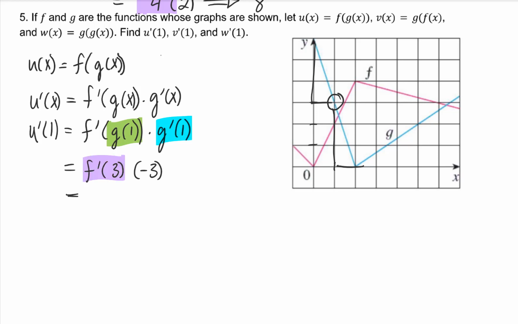F prime of 3 is the slope of the f graph at x equals 3. The f graph has a slope of negative 1 over 4 at x equals 3. U prime of 1 is 3 over 4. Try doing the next two on your own and then check when you're ready.